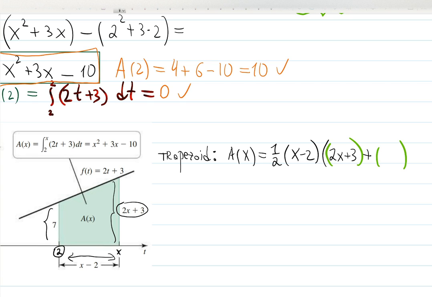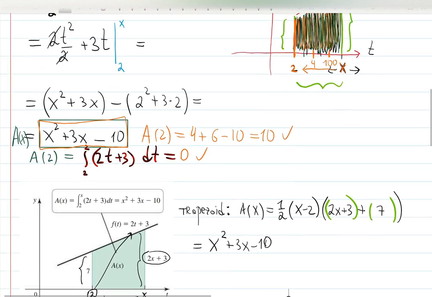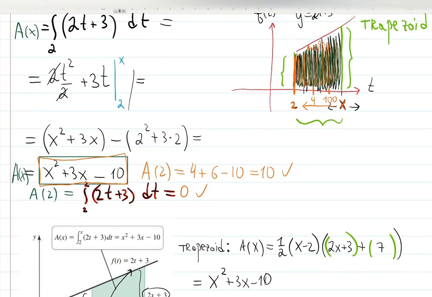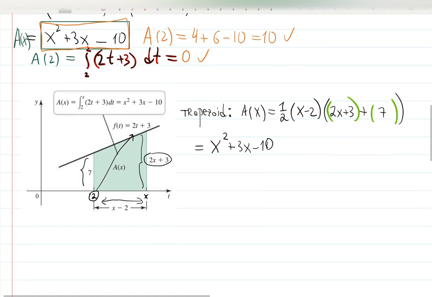You just take this 2 and plug it into 2t plus 3. That gives you 7. When you simplify this function, it gives you the same result, x squared plus 3x minus 10. Pretty cool idea. So either using geometry or using antiderivatives like I did over here. Antiderivatives and fundamental theorem of calculus. Find antiderivative, plug the upper limit minus plug the lower limit.